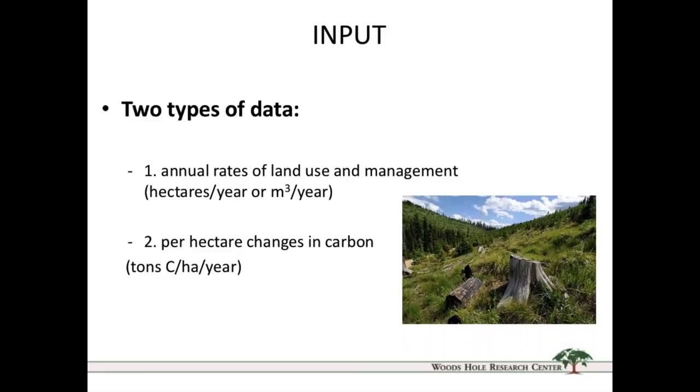So those are the activity data required to drive the model. The second kind of information that's needed is something about the changes that go on a hectare of land that is managed, as I said, either converted or forest remaining forest through some sort of management. What are the changes in terms of tons of carbon per hectare per year that follow a management practice?